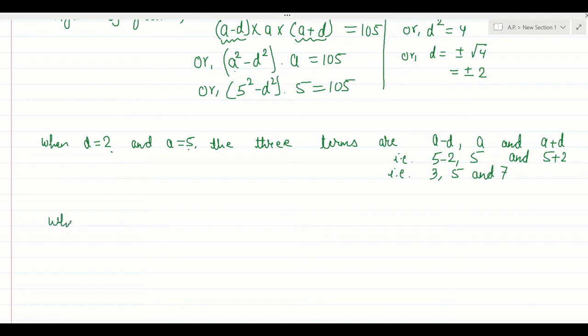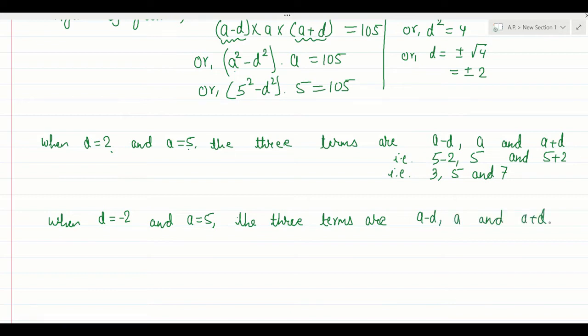Again, when D is equal to minus 2 and A is equal to 5, the three terms are A minus D, A and A plus D. That is, A is 5 and minus D, D is minus 2, comma A is 5 and 5 plus D, D is minus 2.